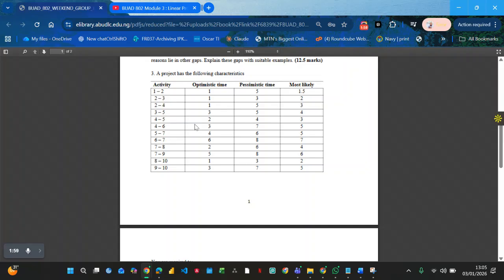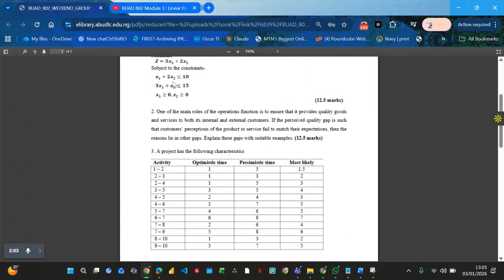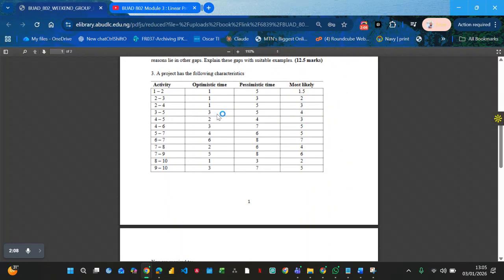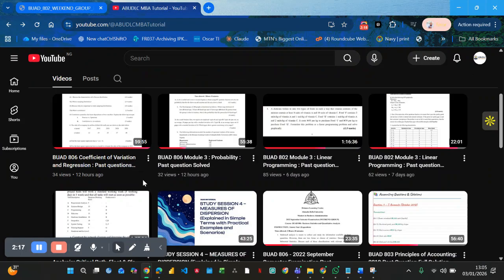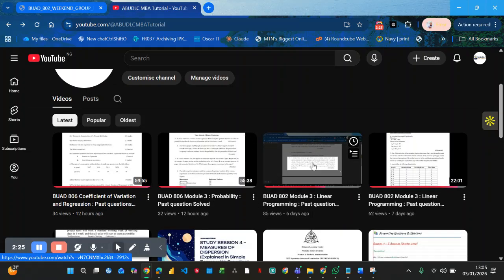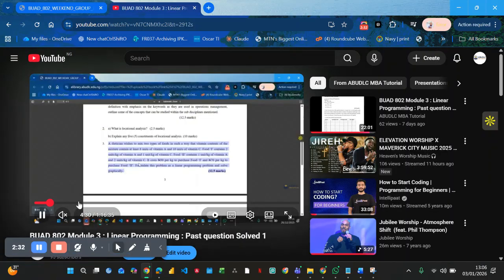So this particular question number three is linear programming. Sorry, this one here is linear programming. This one is network analysis. But if you look at this one now, it is kind of different from the other network analysis question that we saw before, which I think was this one.